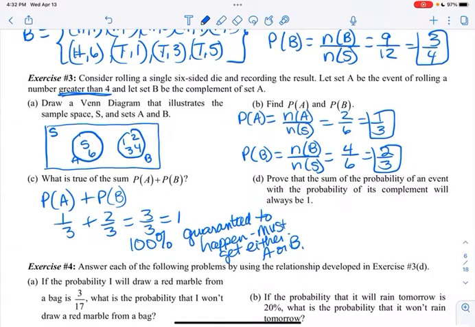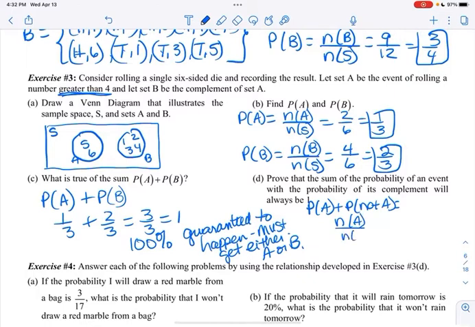Prove that the sum of the probability of an event with the probability of its complement will always be 1. The probability of A plus the probability of not A equals the number of ways A can happen over the number in your sample space, plus the number of ways not A can happen over the number in my sample space.